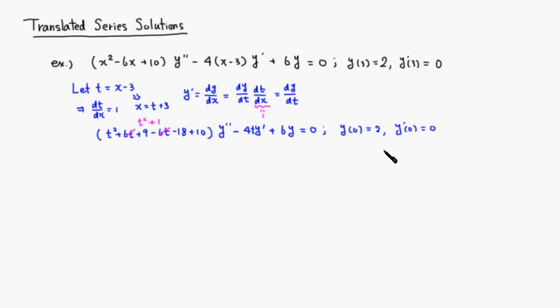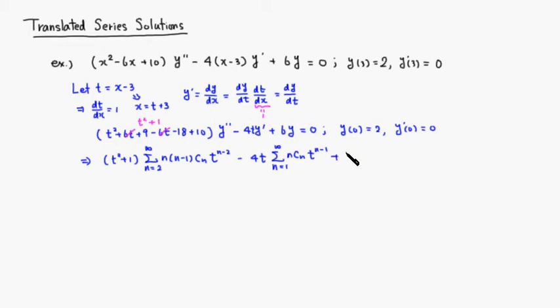So let's use the power series method to solve this differential equation. You would have t squared plus 1 times the second derivative, which is the summation, n goes from 2 to infinity, n times n minus 1 times cn, t to the n minus 2, and minus 4t times the summation of the first derivative, which starts from 1 to infinity, n cn, t to the n minus 1.